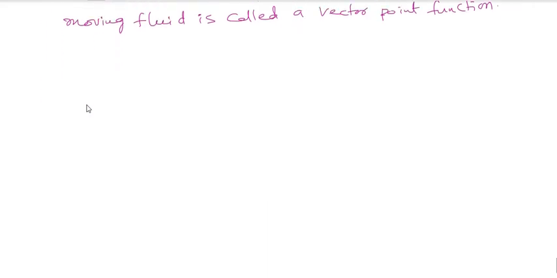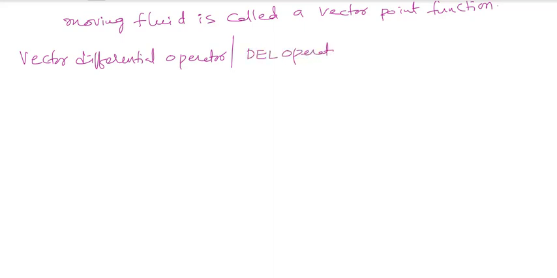Next, let me take another definition, which is called the vector differential operator, which is also called del operator, also called nabla, also called Hamiltonian operator.